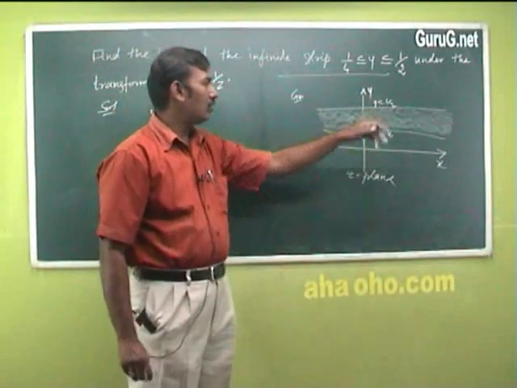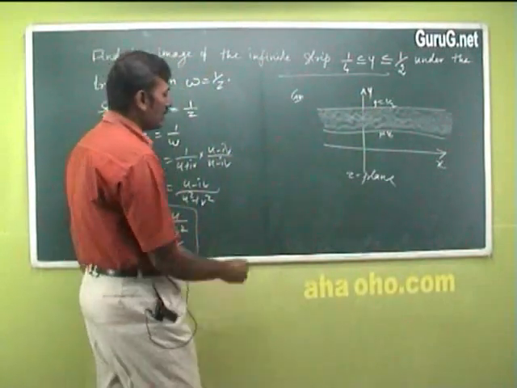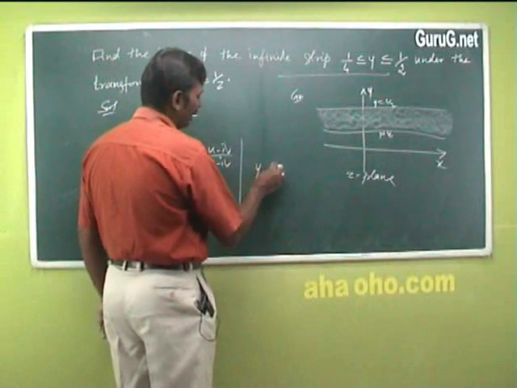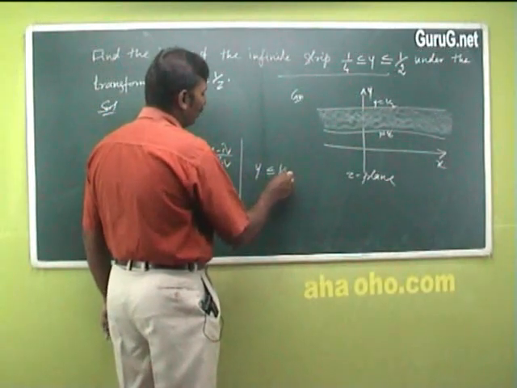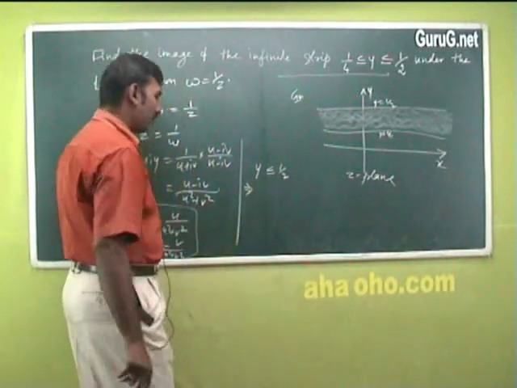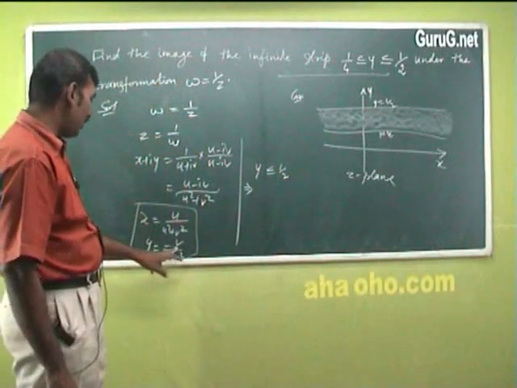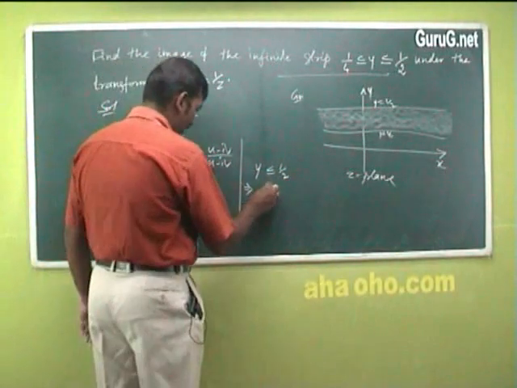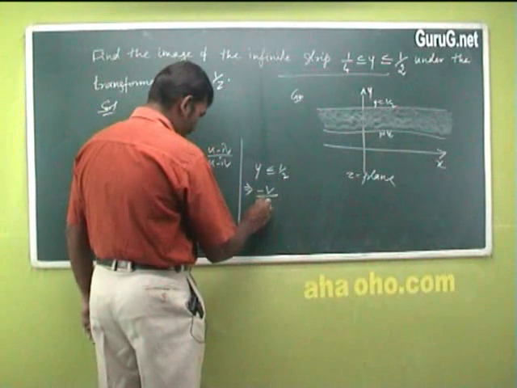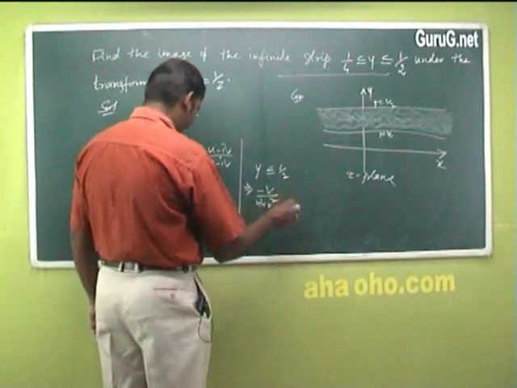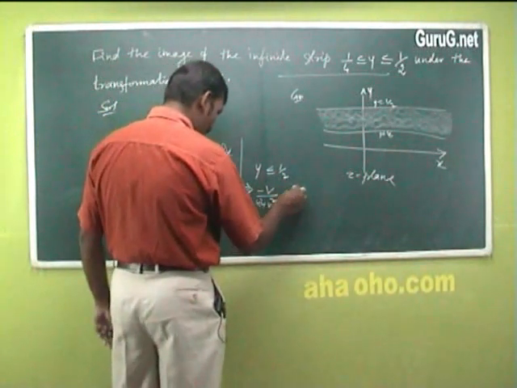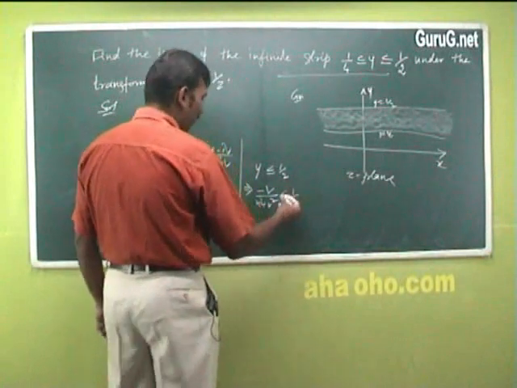So you take y less than or equal to 1 by 2, which implies, what is y? Minus v by u square plus v square is less than or equal to 1 by 2. You cross multiply it.